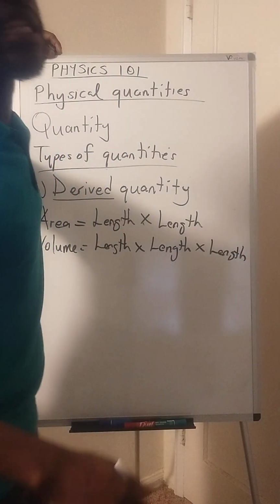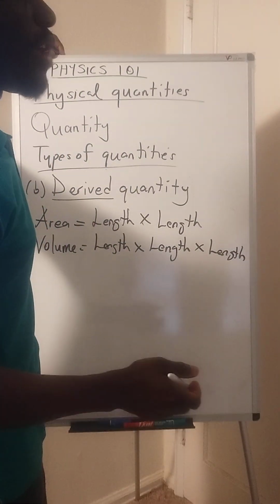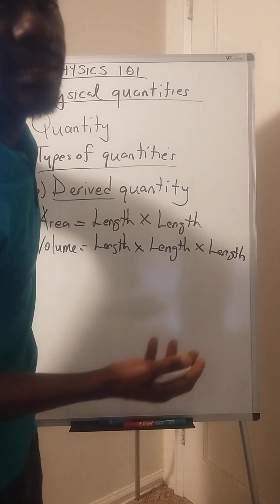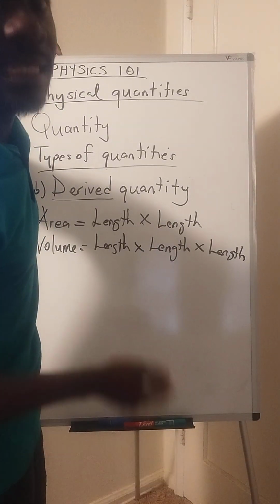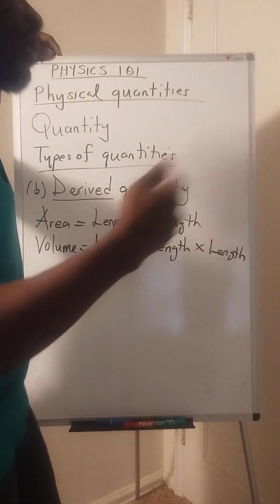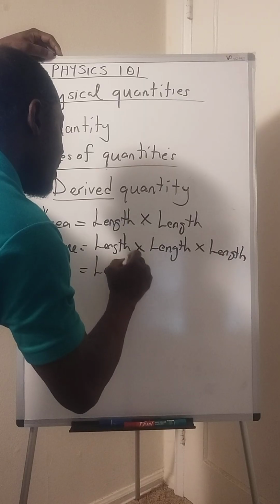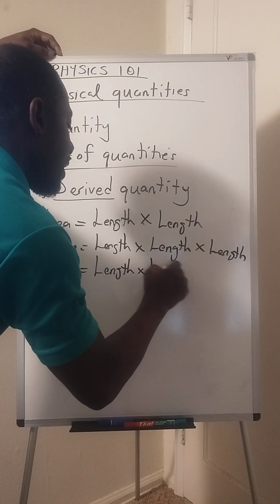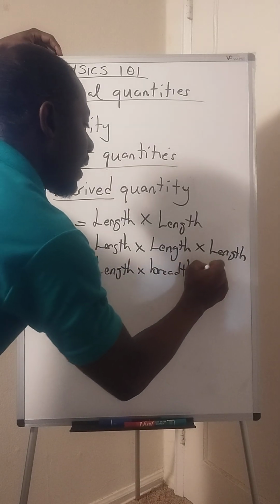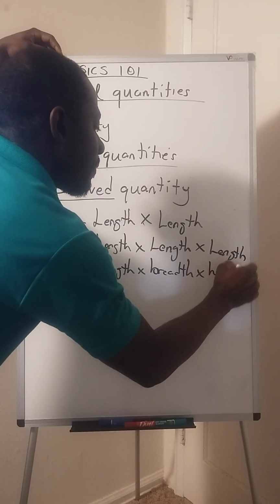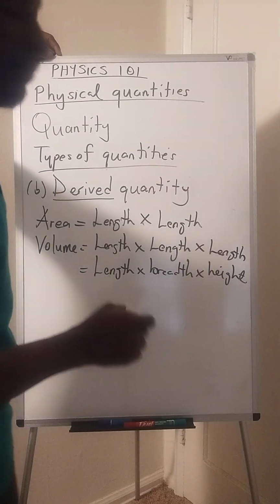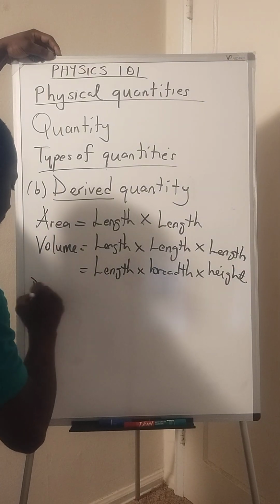Now, why am I using length? If I use breadth, if I use height, they are all considered as length. So in order not to confuse you, we can equally put down length times breadth times height. That is volume.